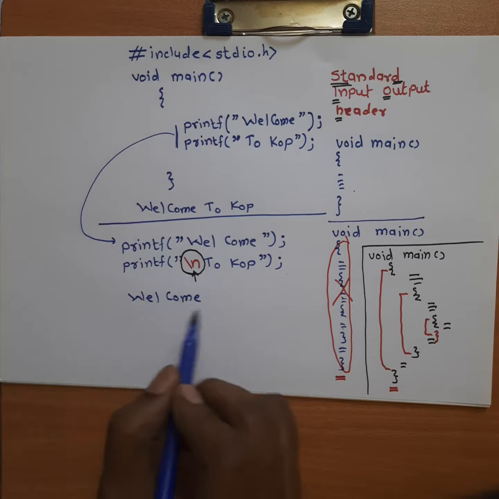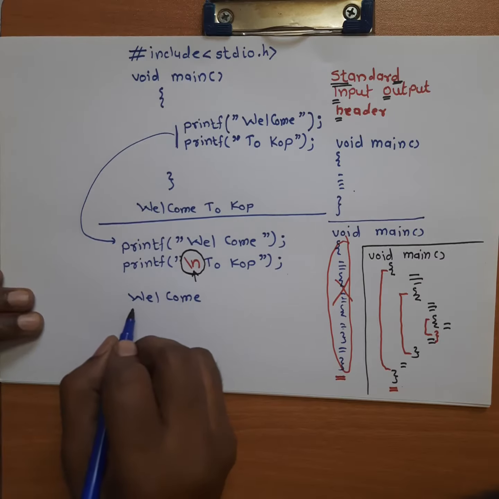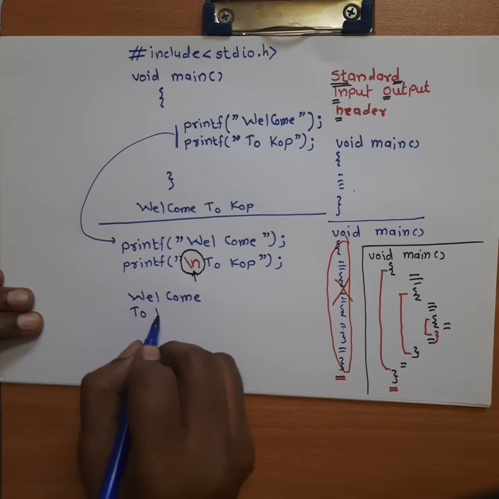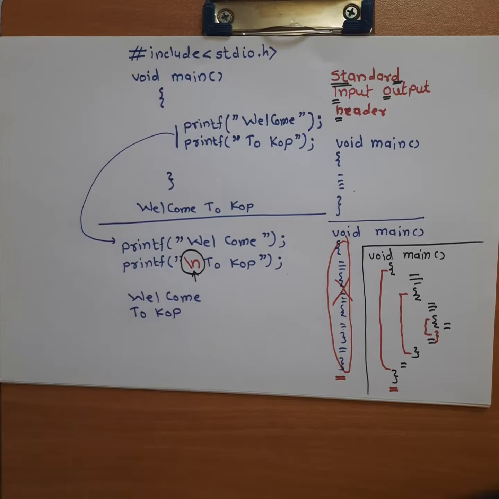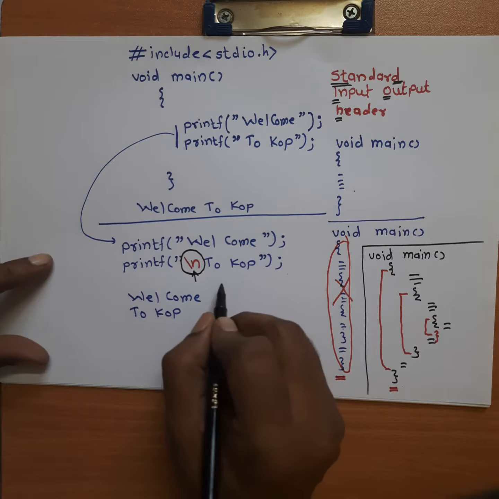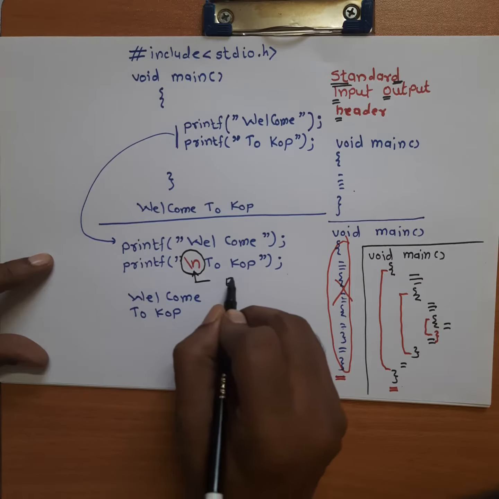So it goes to the next line first column and then it will print to KOP. It won't print backslash n. Instead of printing it, it interprets the meaning of this backslash n, which indicates go to the next line first column. So this backslash n is called the escape sequence.